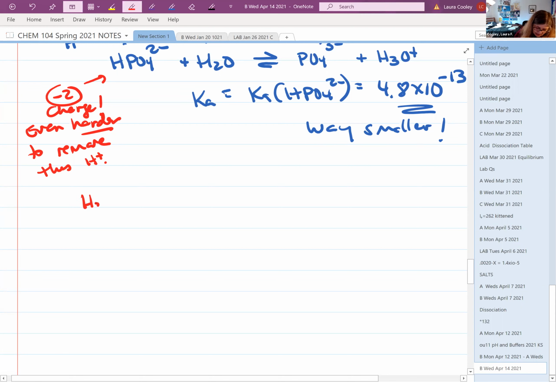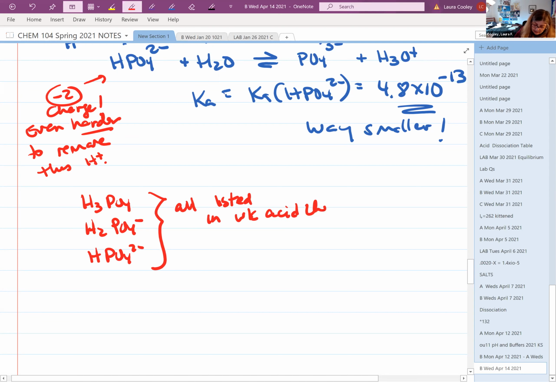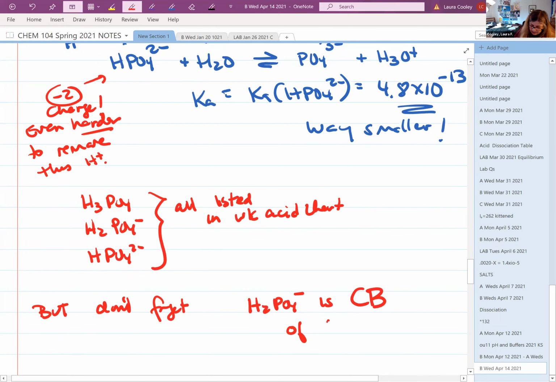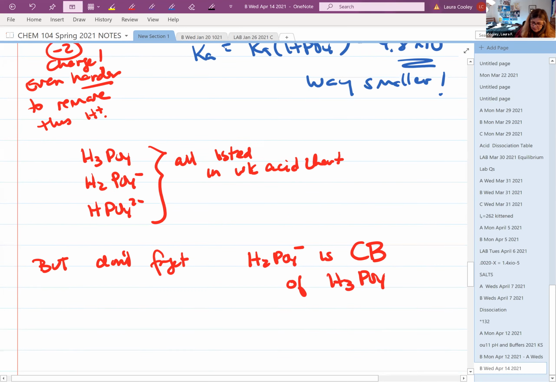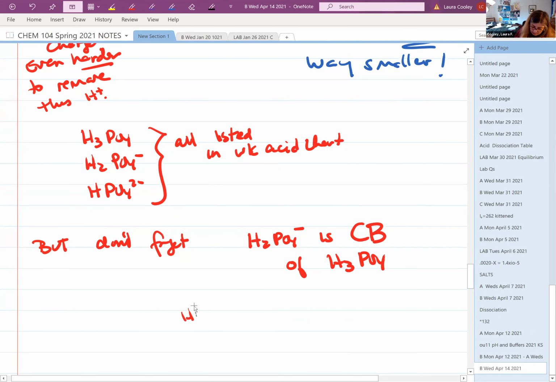So I would say that H3PO4, H2PO4 minus, and HPO4 2 minus are all listed in the weak acid chart. But don't forget that H2PO4 minus is the conjugate base of H3PO4, and HPO4 2 minus is the conjugate base of H2PO4 minus.